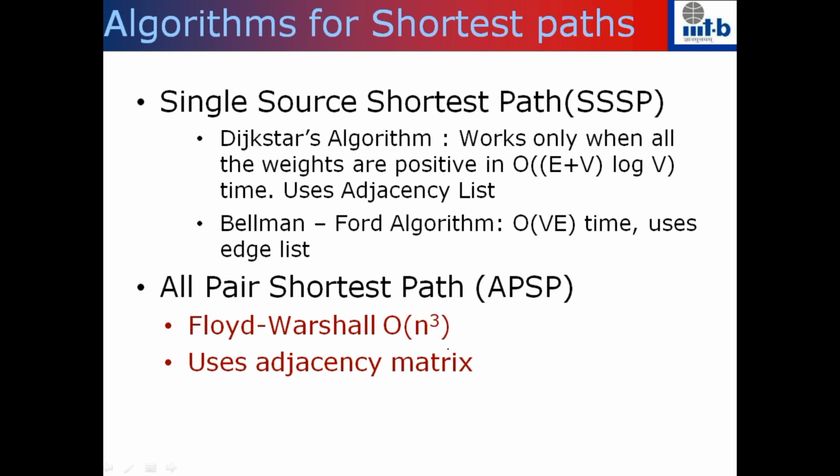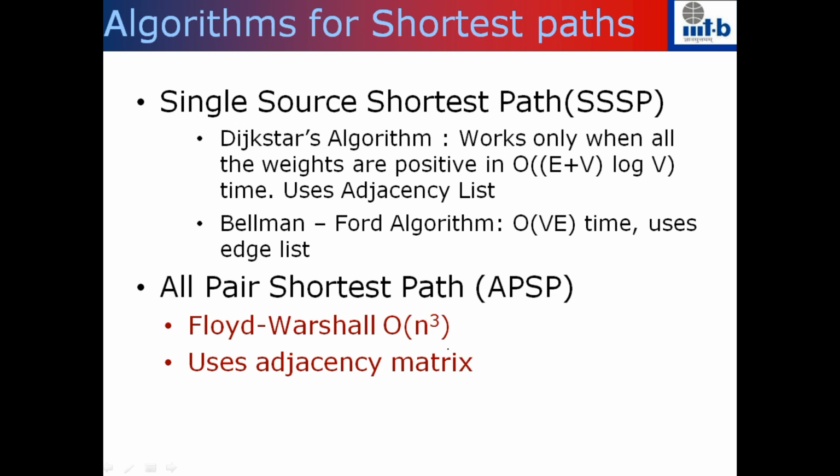What's not easy is why these algorithms work correctly. So we will not get into the correctness for now. We will come back to the correctness of these algorithms after we study a technique called dynamic programming.